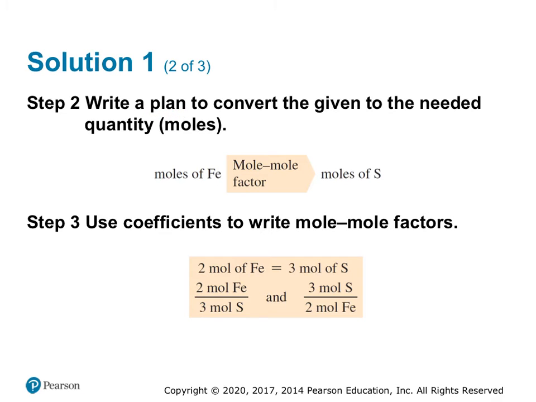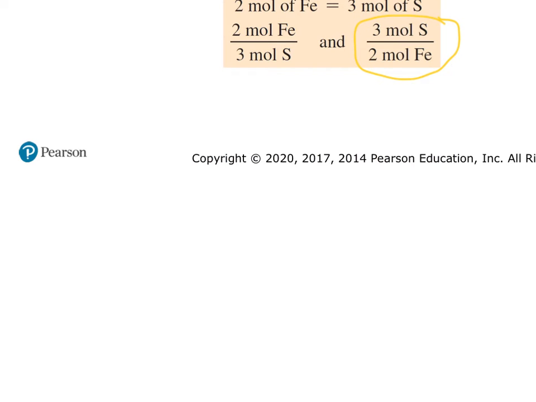So here's our plan. We're going to take moles of known iron. We're going to use the mole to mole factor to get us to moles of sulfur, which is our unknown. Using our coefficients, we can write two possible mole factors. We can write 2 moles of iron over 3 moles of sulfur, or 3 moles of sulfur over 2 moles of iron. We always are going to put the known on the bottom and the unknown on the top. So this would be the mole ratio that we're going to be using. Then we're going to start with the number in our problem, which was 1.42 moles of iron.